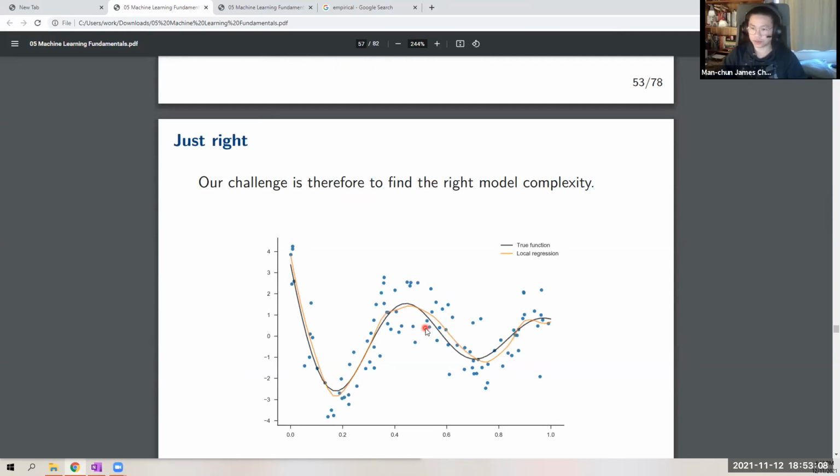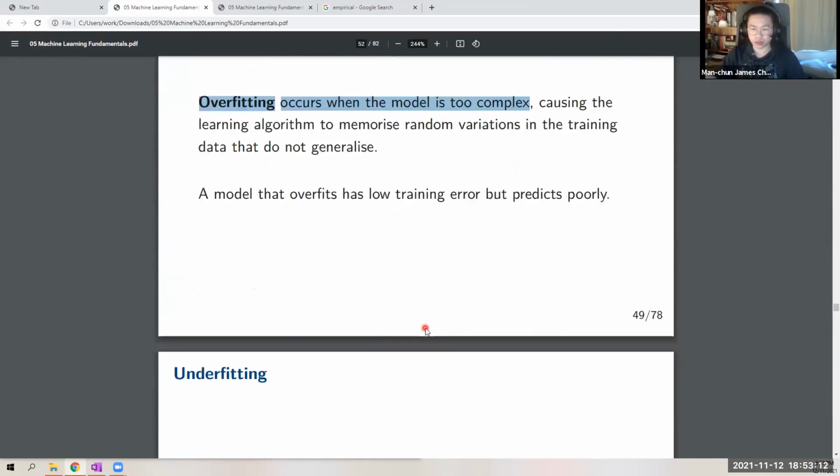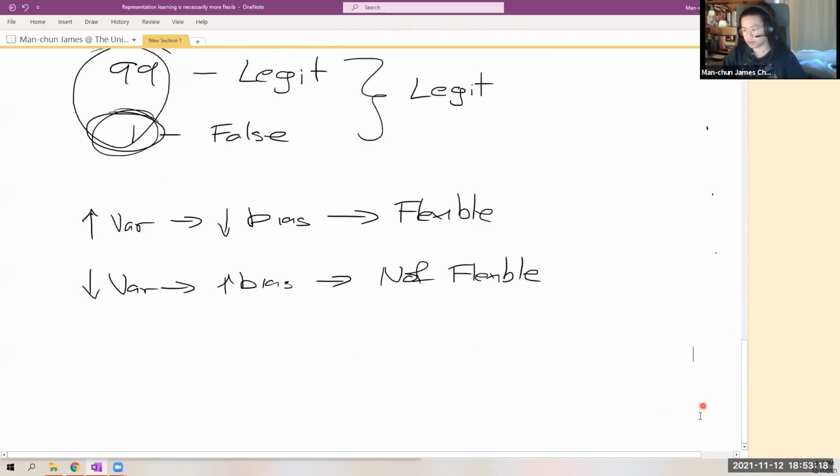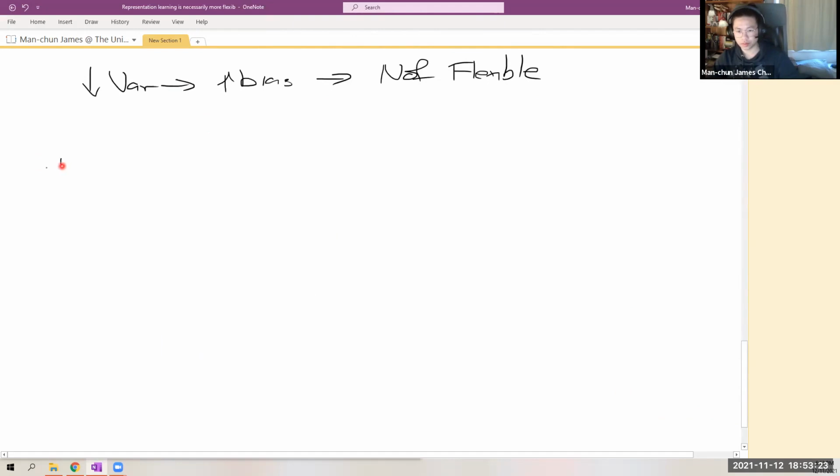And this is fitting, so it's just right. It's important to know how you can spot these two things. Overfitting is good in train, but bad in test.